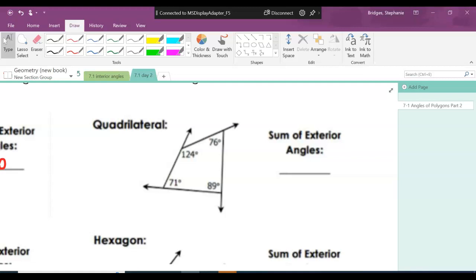So we are finding the measure of each exterior angle. And then we're going to add them all up and write that under the sum. And do it for all four of those figures for me. Do the same thing for that and then see what happens.